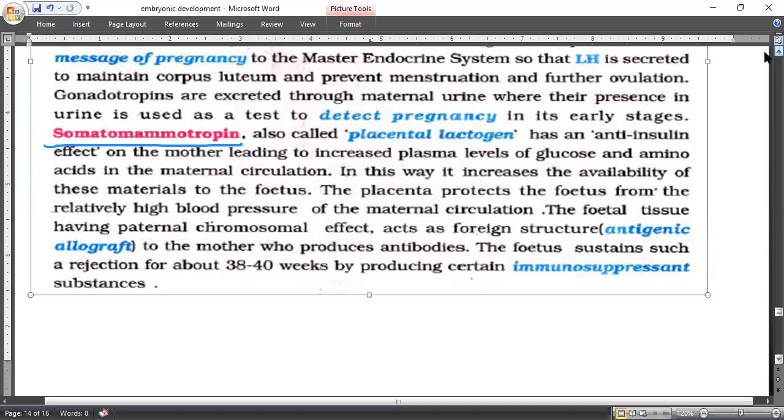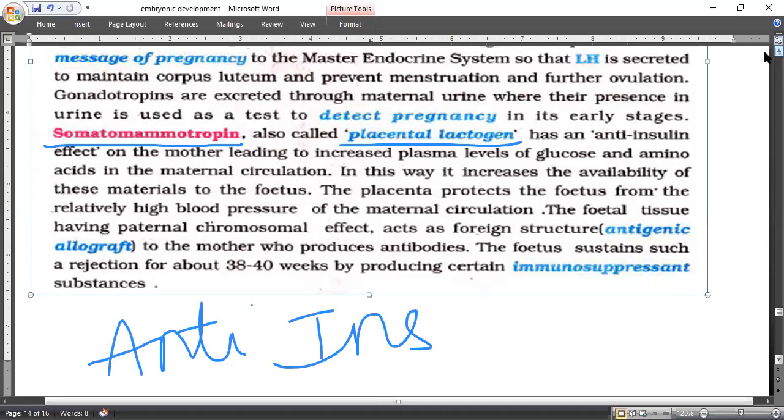Somatomamotropin hormone. It's better if you list out all the hormones of the placenta. Somatomamotropin, also called placental lactogen, has an anti-insulin effect on the mother, leading to increased plasma levels of glucose and amino acids in the maternal circulation. That is why we say the mother becomes diabetic at the time.